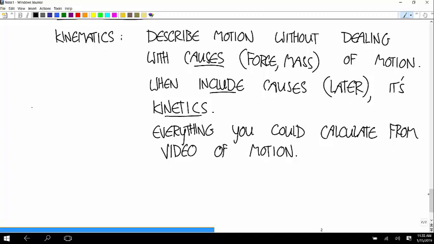So we're going to be dealing with, so this is also kinematics. Everything you could calculate from a video, and that includes the position, the time, the velocity, and the acceleration.